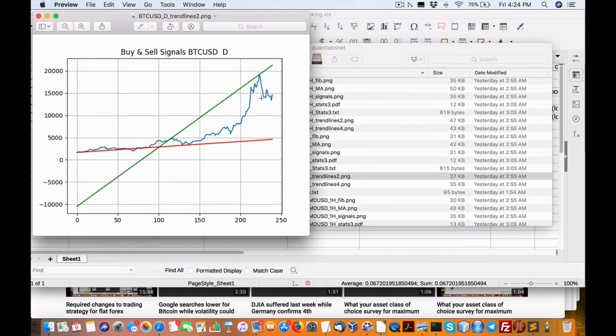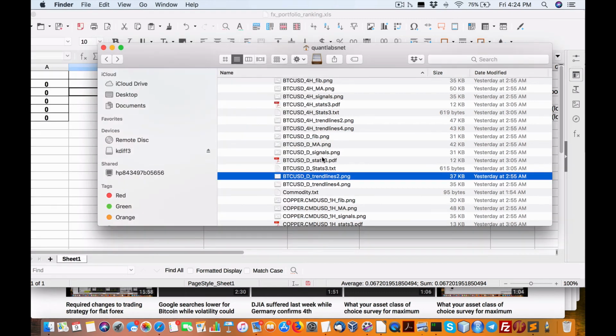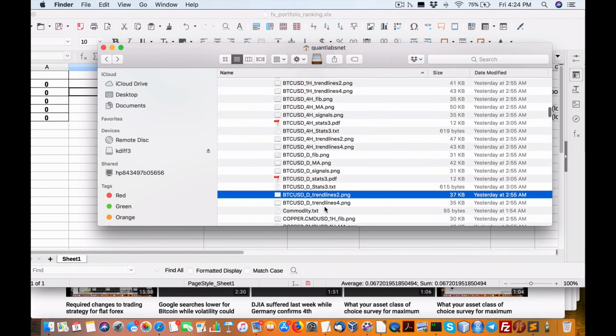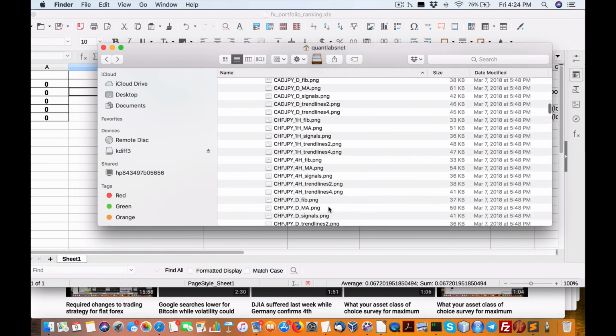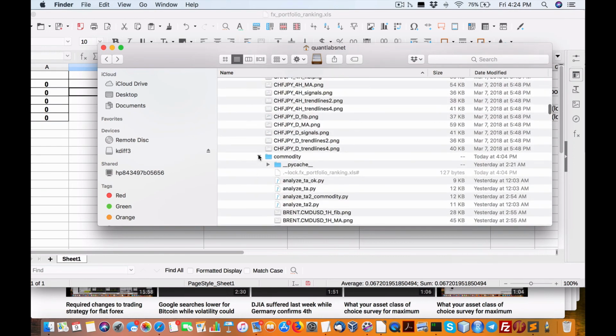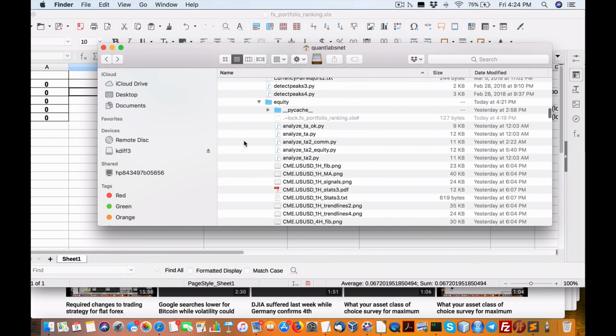But the moves here are probably between approximately 12,000 to just over 15,000. So that's why you get a higher rate of return when you look at the spreadsheet. So that's the explanation for how Bitcoin works. Kind of skews the whole overall performance.